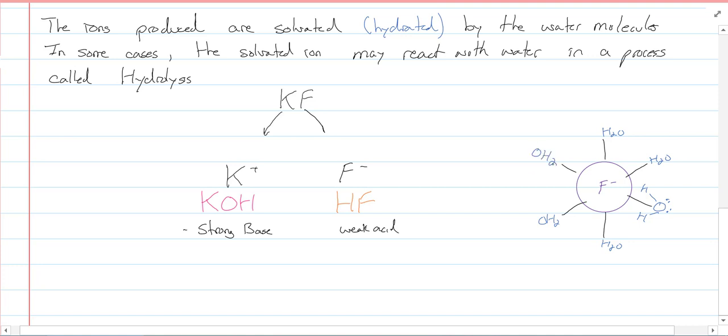Since it's a weak base, it is in competition for the H+. So let's write that out. Bronsted-Lowry acid-base is a competition for H+.